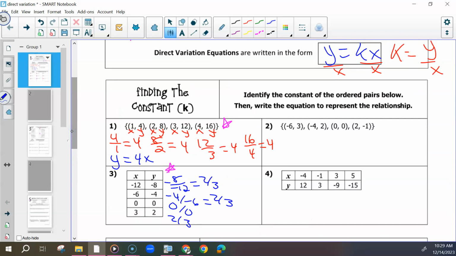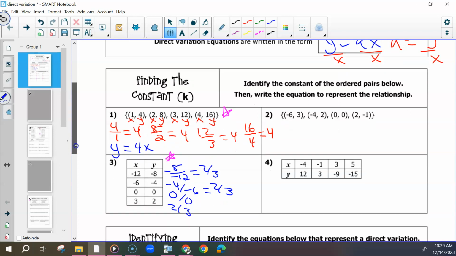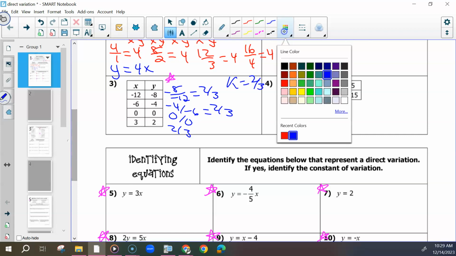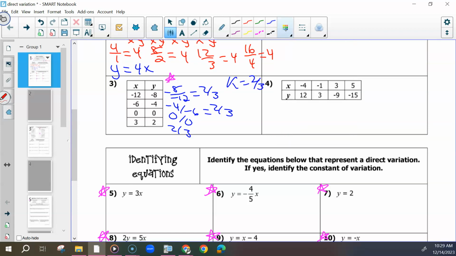Also, if this is like your slope-intercept form, what would your b, your y-intercept be? 0. Which would mean anytime you see 0 over 0, this is still direct. So our constant is 2/3. How would we write that equation in the format y equals kx?